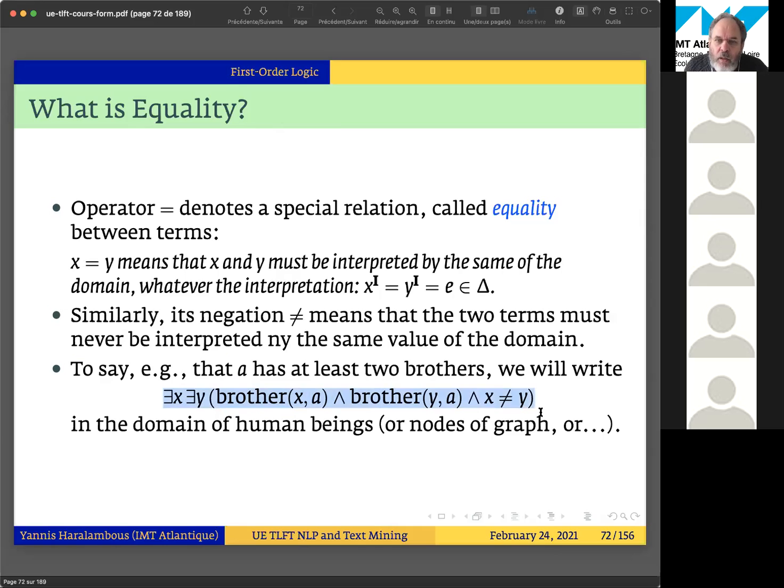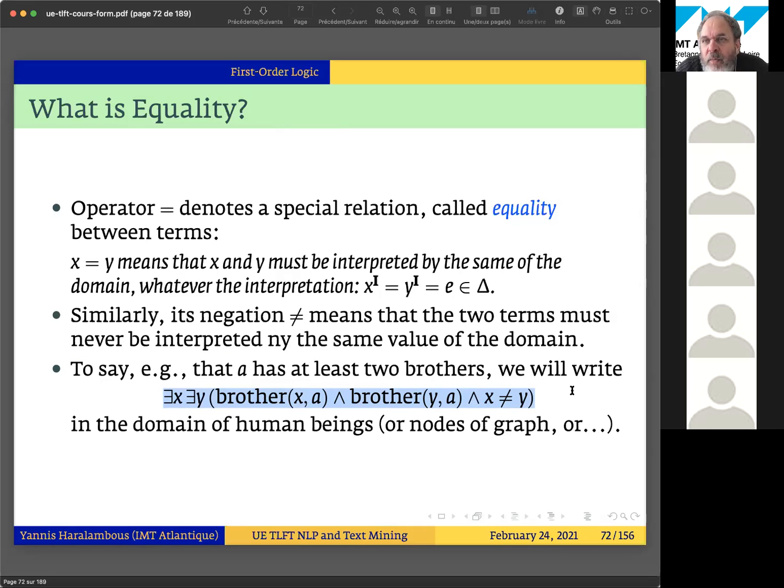Now here, as very often, I have a trap. Does this sentence really mean that A has at least two brothers? Okay, when I'm asking the question in such a way, it means that obviously no. But why not?